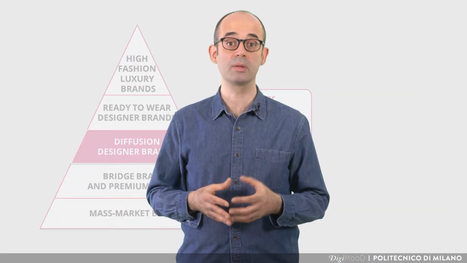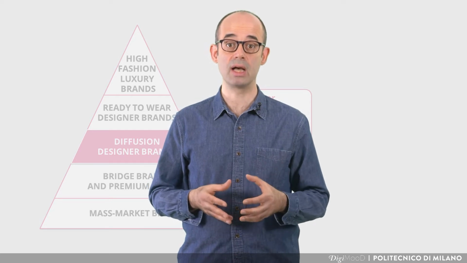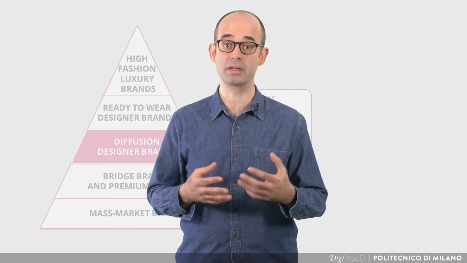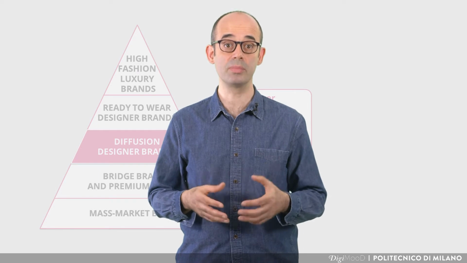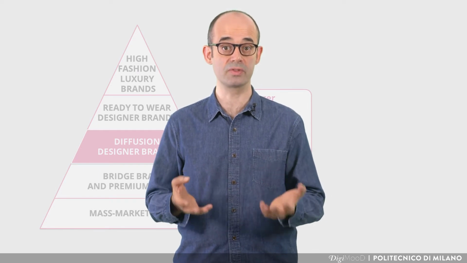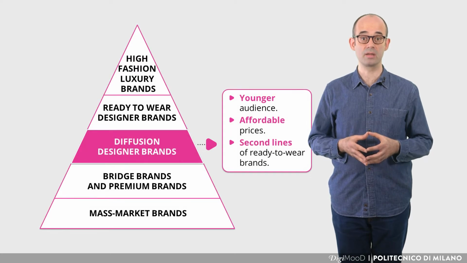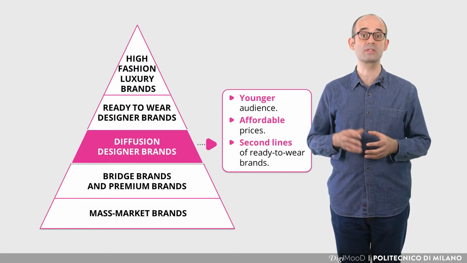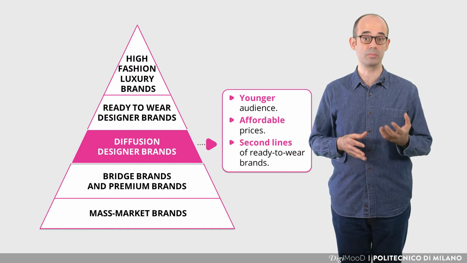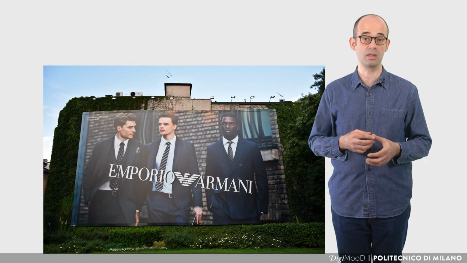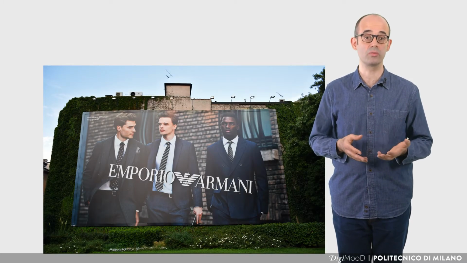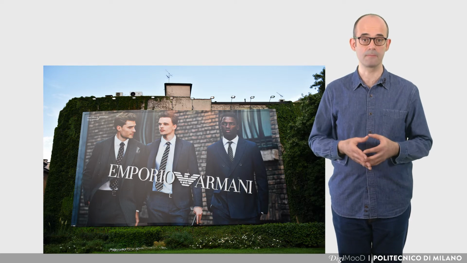For a company, the benefit of creating a diffusion line consists of increasing brand recognition and the company's growth through a cost-effective strategy. The companies that define this market segment are usually associated with the second lines of ready-to-wear brands, such as Emporio Armani, C by Chloé, Love Moschino, or Red Valentino.